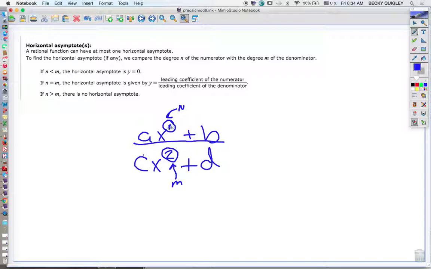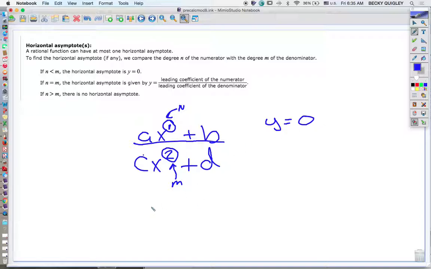If your lead exponent in the numerator is less than your lead exponent in the denominator, then your horizontal asymptote is 0. Y equals 0. So if this value here is smaller than this value here, lead exponent, horizontal asymptote is y equals 0.